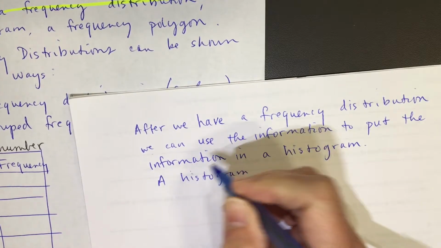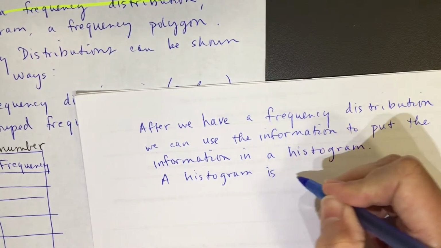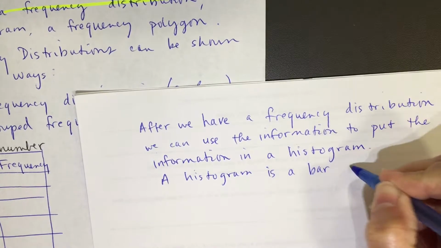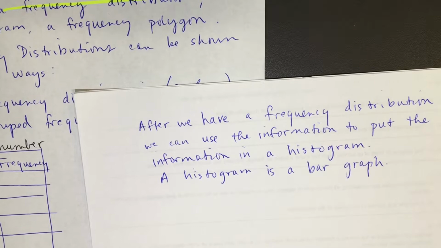It's a special kind of bar graph, and I'm not quite sure for this course if I need to stress what it is, but I'll mention it to you. A histogram is a bar graph. It's not just an ordinary bar graph.